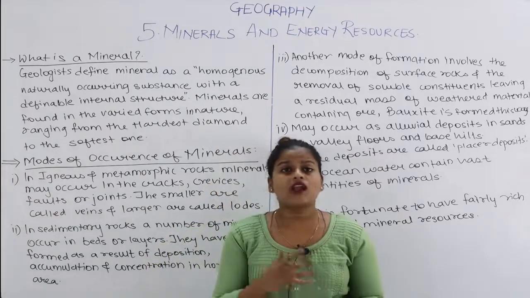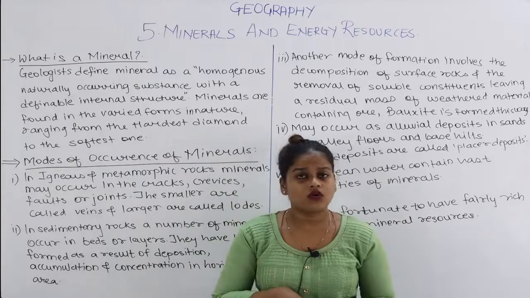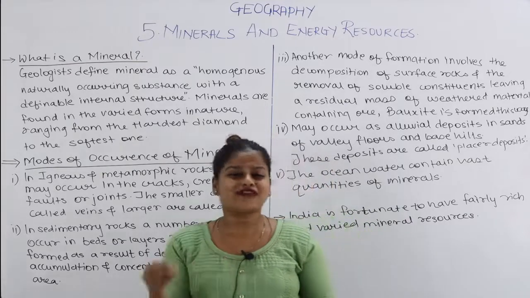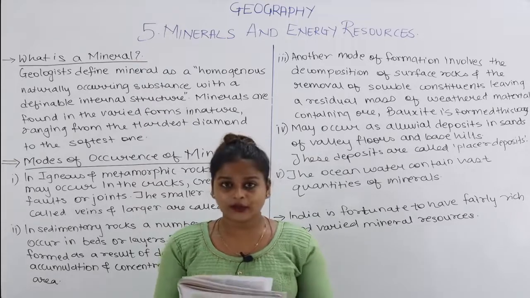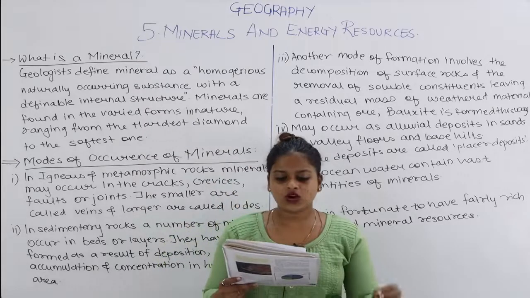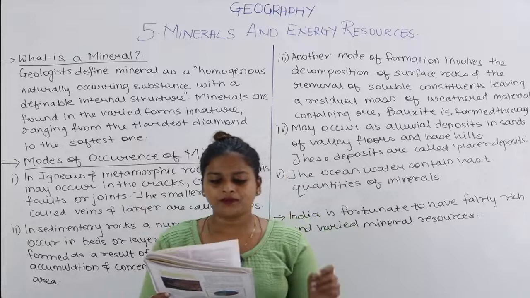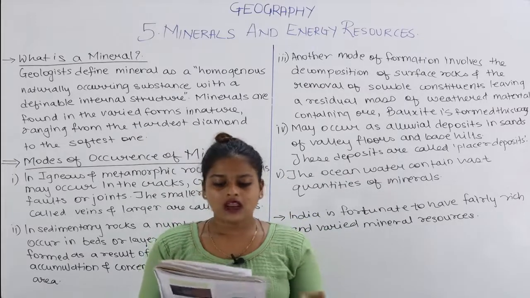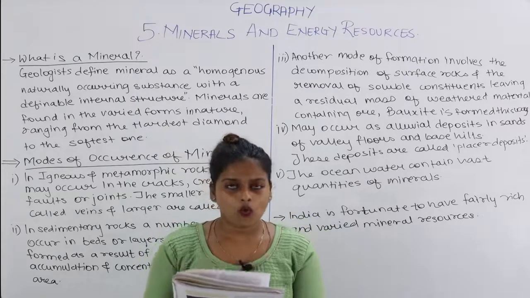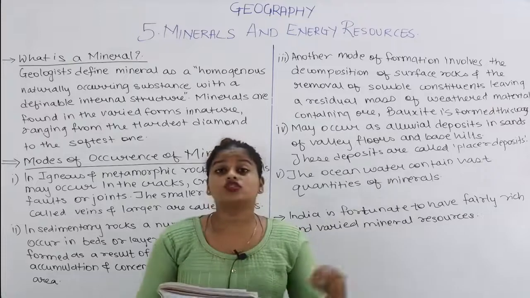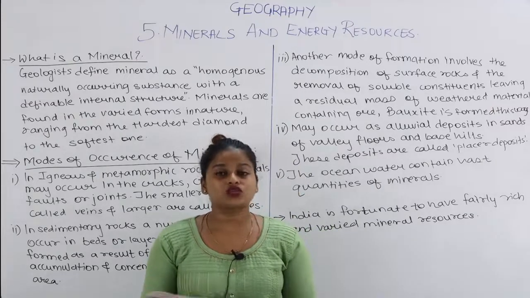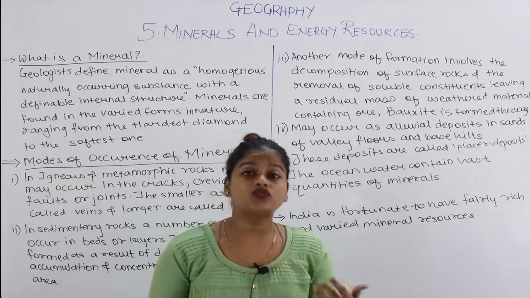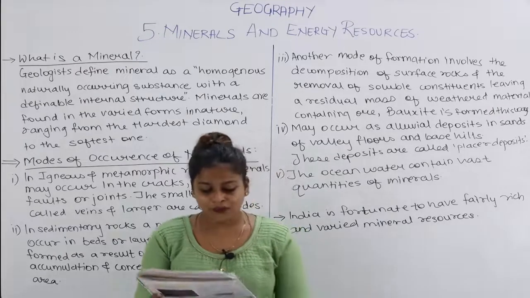There are a lot of minerals in the ocean water, but very few can be used economically. However, common salt, magnesium and bromine are largely derived from ocean water. The ocean beds too are rich in manganese nodules.